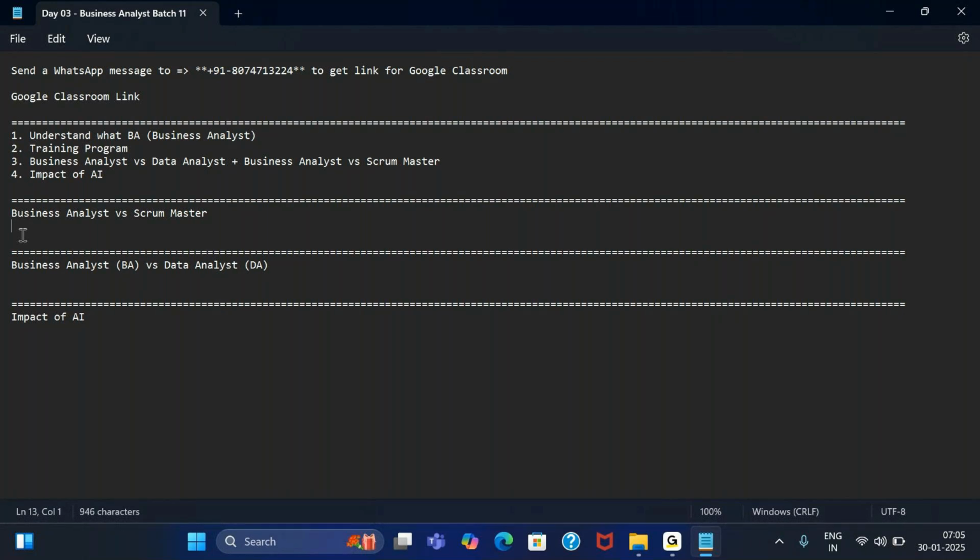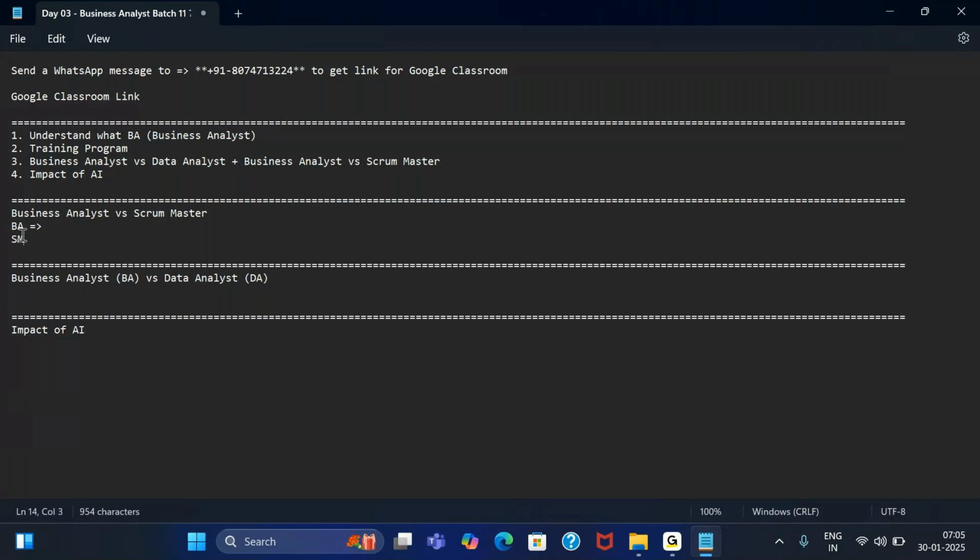Now let's get started. The first difference that we want to look at is BA versus Scrum Master. The basic difference between any two roles lies in the kind of work that the roles perform. We talked about BA.